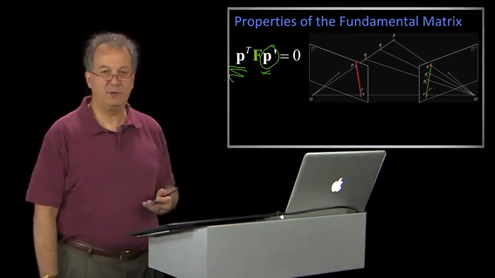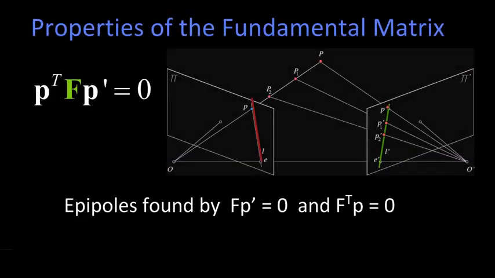You might say, well, how could that be? Well, the way that could be is, suppose FP prime equals 0. In order for a point to be on every epipolar line, there is only one point that's on every epipolar line. That's the epipole. So the way you find the epipole, given the fundamental matrix, is you solve this equation.